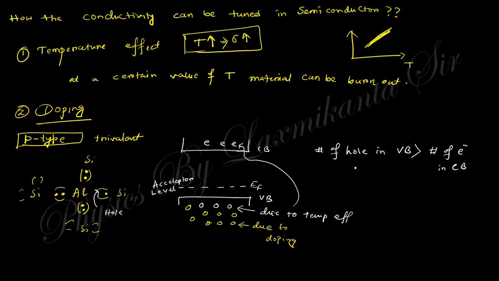That's why the hole is the majority carrier, because this is a large number compared to the electrons, and the electrons become the minority carrier.